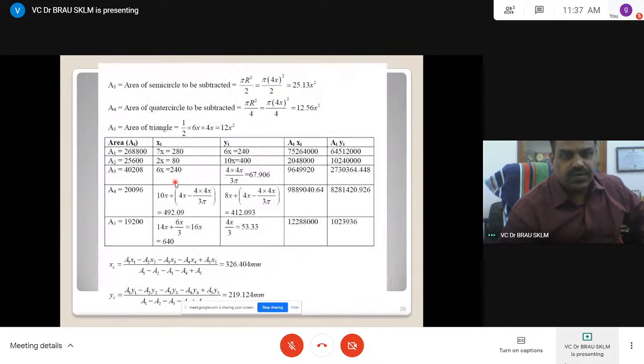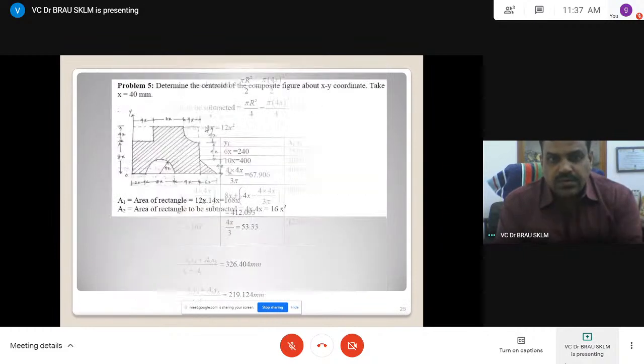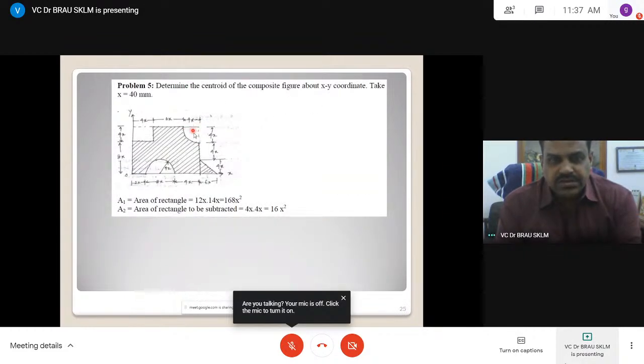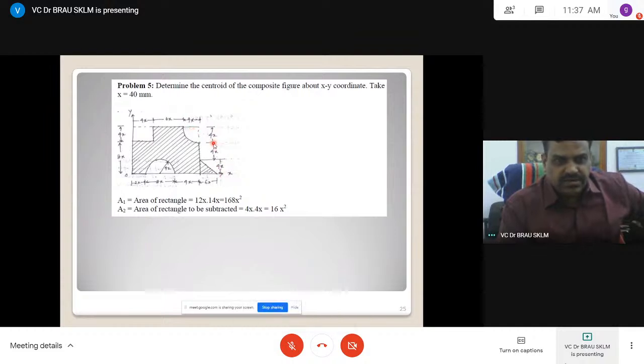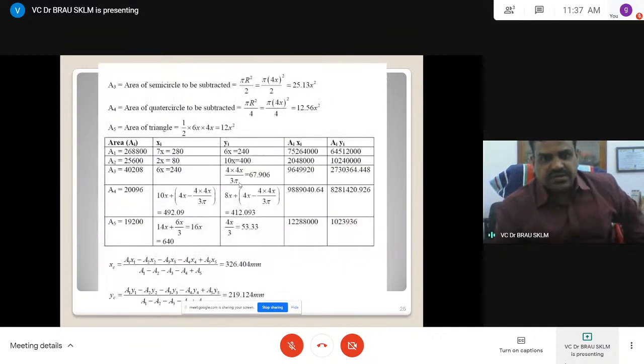Sorry. This is the 4x from the base, 4r by 3 pi. See, that's why 4x minus 4r by 3 pi. Here also 4x, 8x plus 4x minus 4r by 3 pi. That's what here expression.